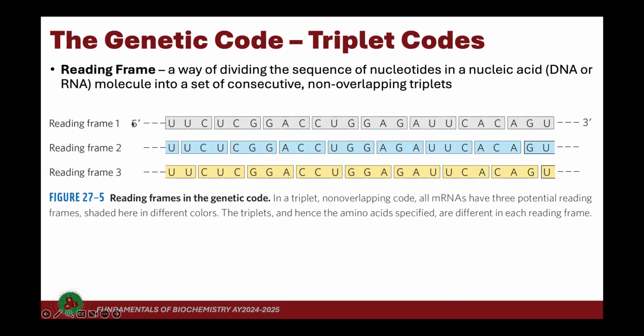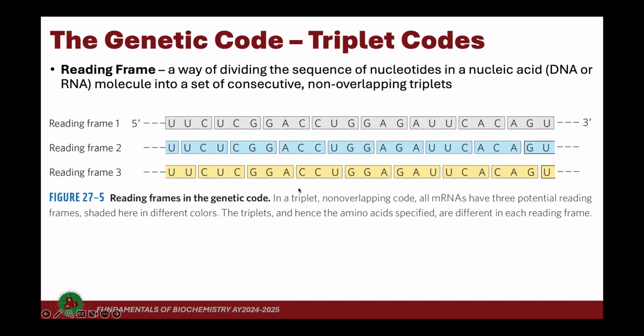Or the second reading frame would be you have a codon UCU, CGG, and so on. And then the third possible reading frame is CUC, GGA, and so on. So only one of these three possible reading frames for each gene is translated.